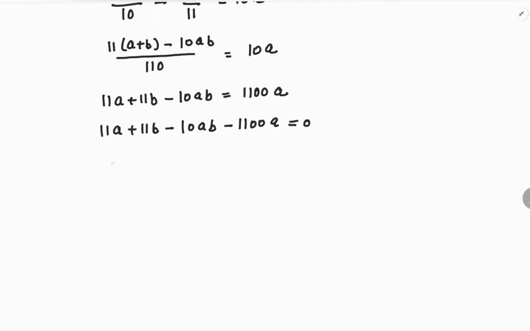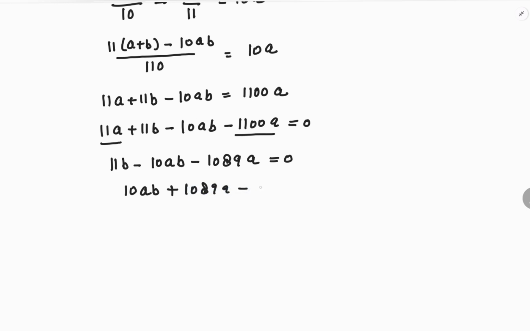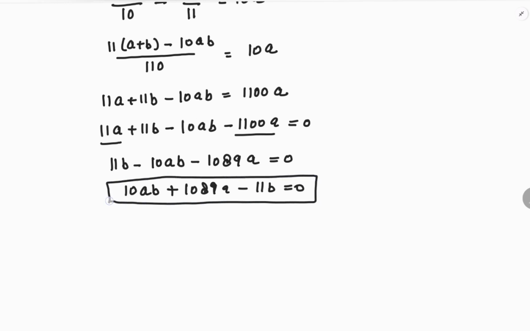Which implies 11B minus 10AB. If I solve 11A and 1100A, what will I get? I will get minus 1089A is equal to 0. Or you can rearrange it and write plus 1089A minus 11B is equal to 0. This is our equation which we will use later, right?